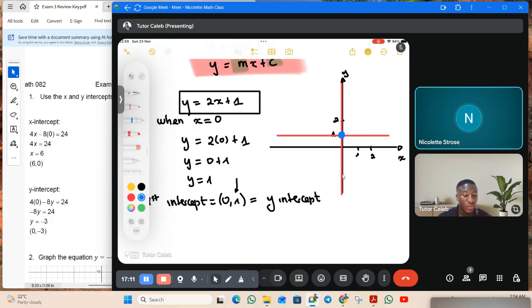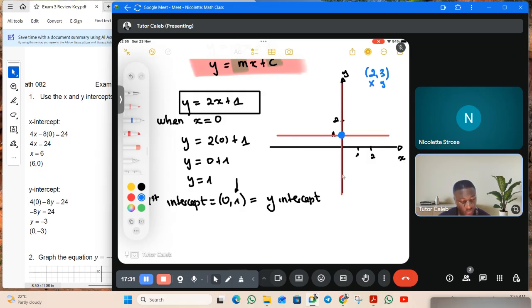I said if they give you a point, for example, 2, 3, and they say find the point 2, 3 on a Cartesian plane, that means you're getting 2 on the x-axis and 3 on the y-axis.